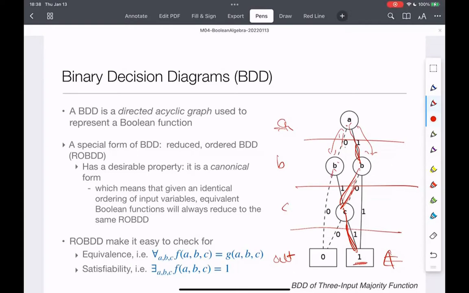It turns out these ROBDDs make it very easy to do two things which are often needed. One is equivalence, I can check whether two functions are equivalent, and the other is satisfiability, which basically says I give you an expression and I ask you the question, does there exist some assignment of input values such that the output is 1?